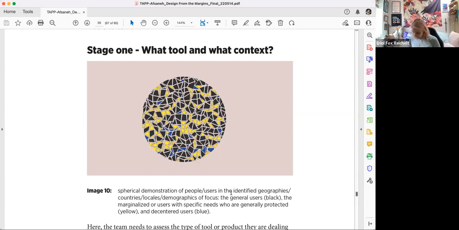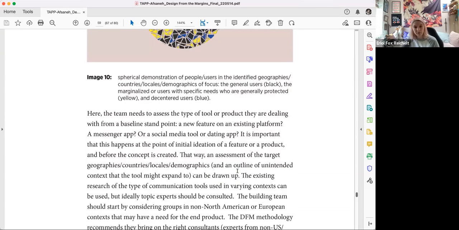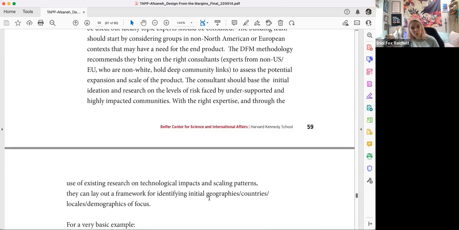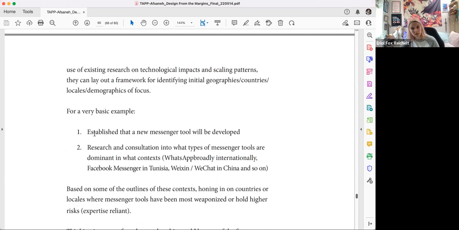And then trying to find consultants essentially, and it describes the consultant process a little further down in the section, and their expertise. And then there's a basic example: this is the tool, this is what we want to do. Research and consultation into what tools are dominant in what context.